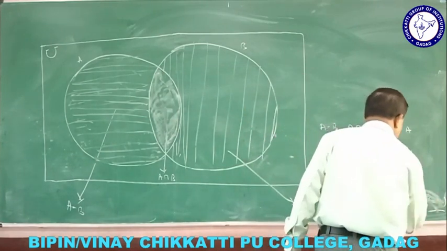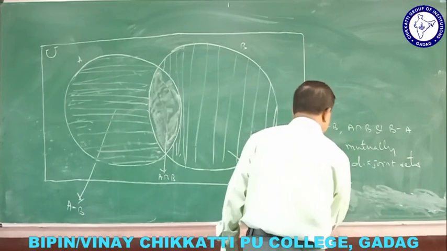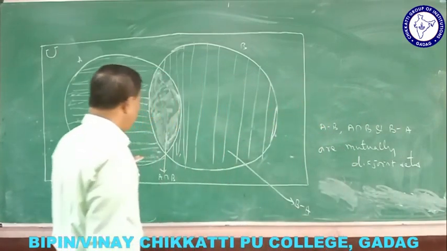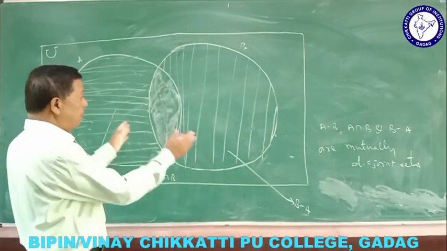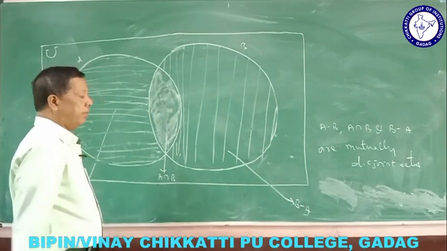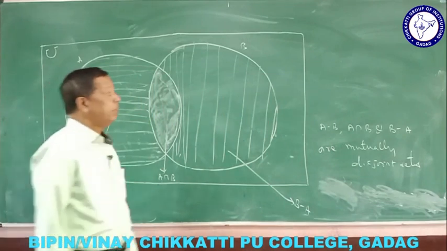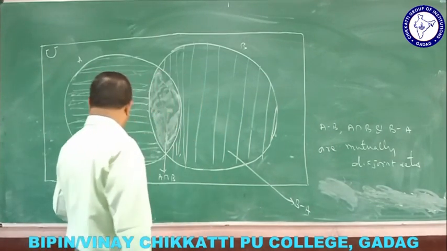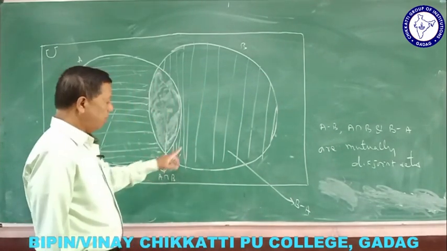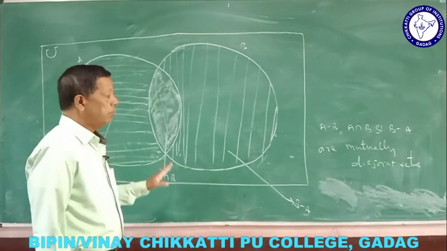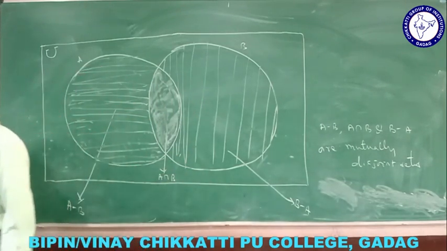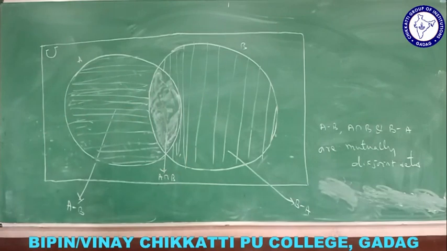One thing is true, I am explaining later: A union B means including all these mutually disjoint sets. So if it is union, you write A minus B plus A intersection B plus B minus A. Once again, when they are disjoint, you write plus there.